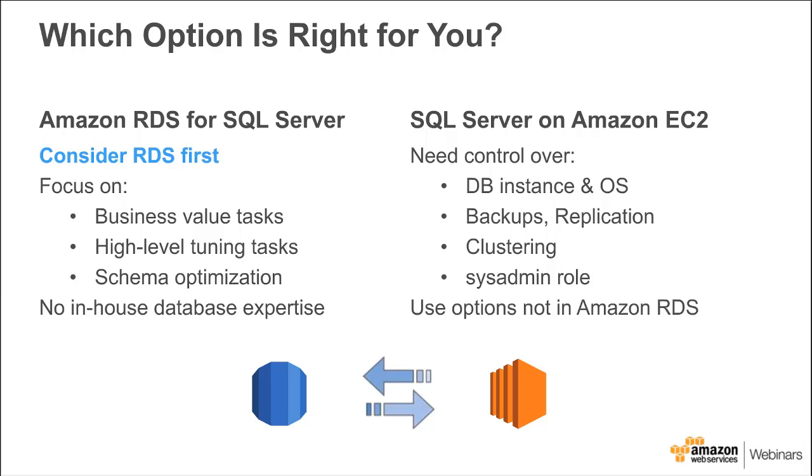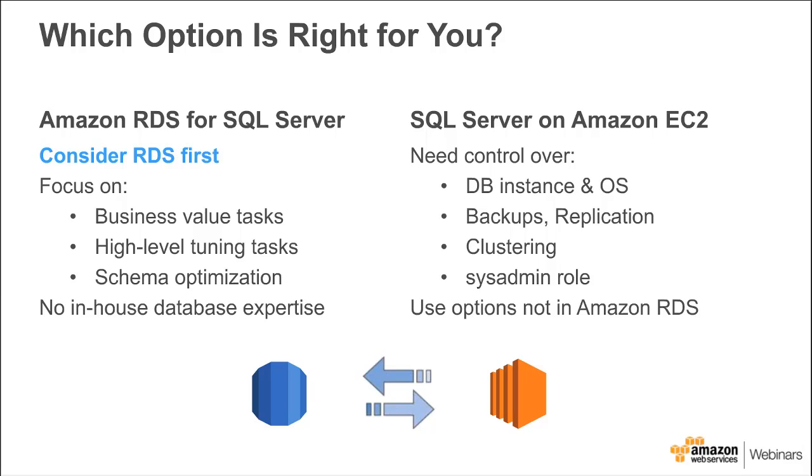Things such as backups, patching, high availability, or configuration management. This allows you to focus on the more valuable activities for your business, like schema design and optimization. Now, because of these benefits, we recommend you consider this option first.